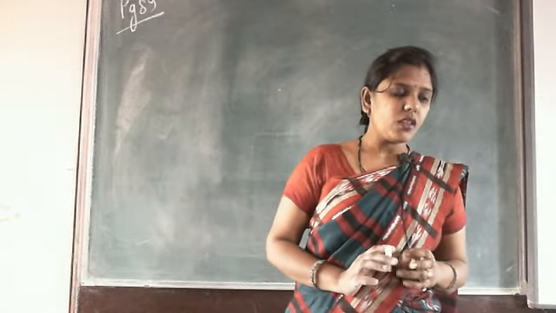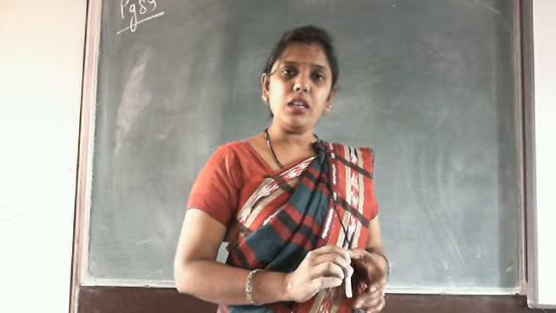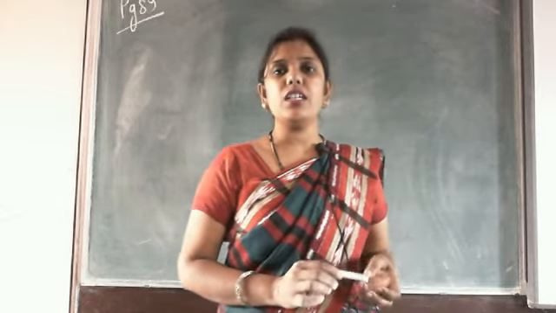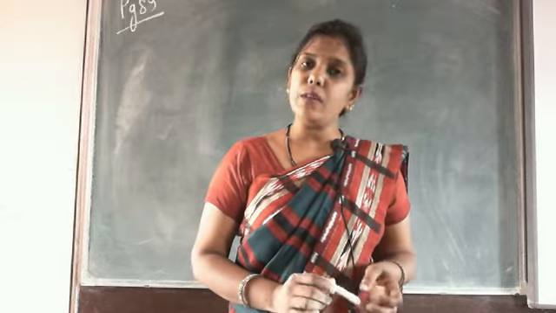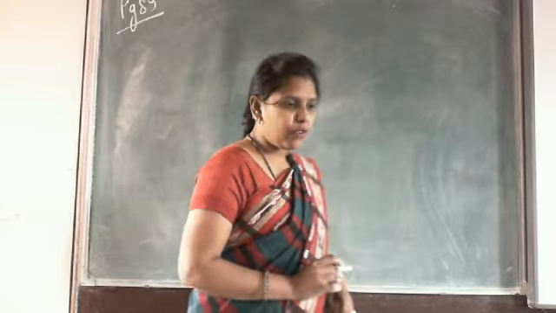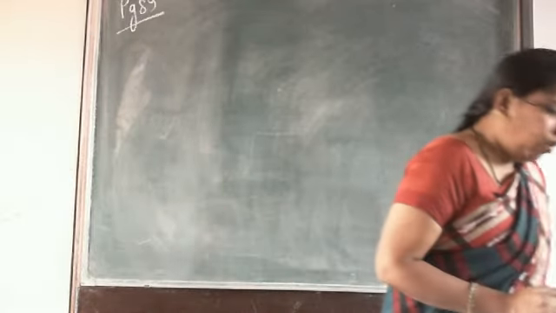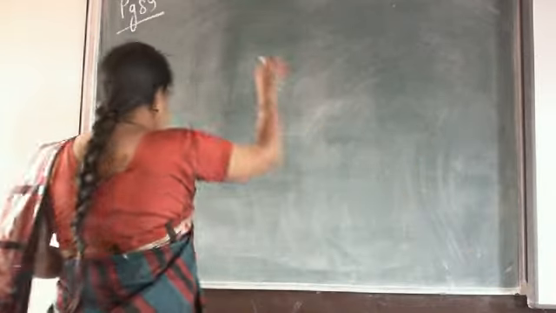Now start solving with me. The next question is solve. Some questions of addition are given and 2 questions of subtraction are given. So write fast. Write the question. Question 3.